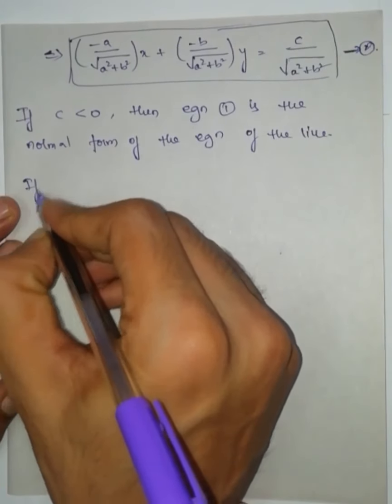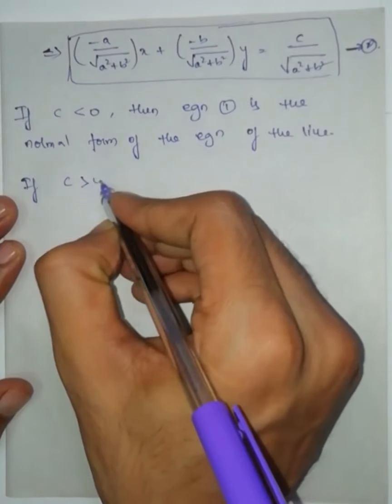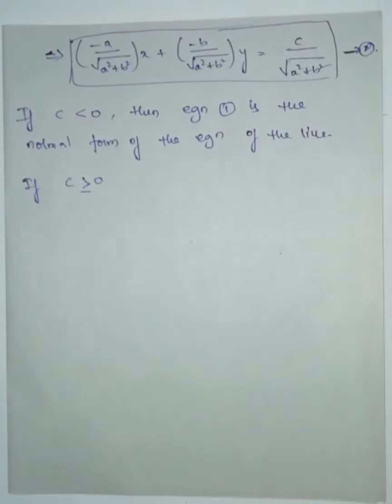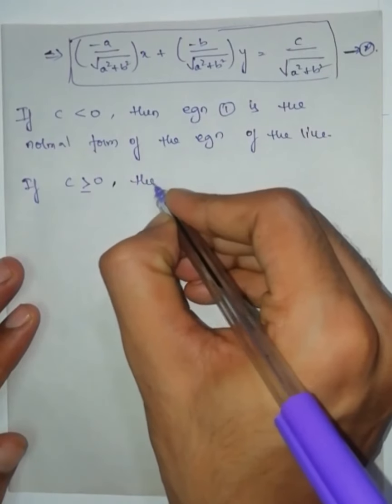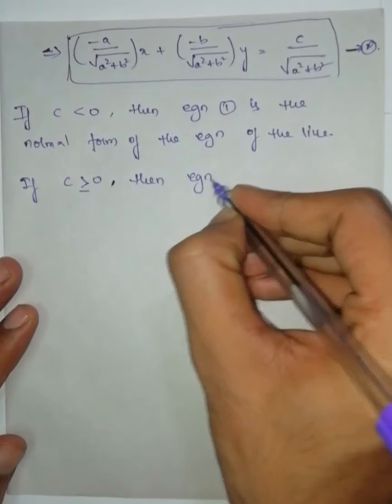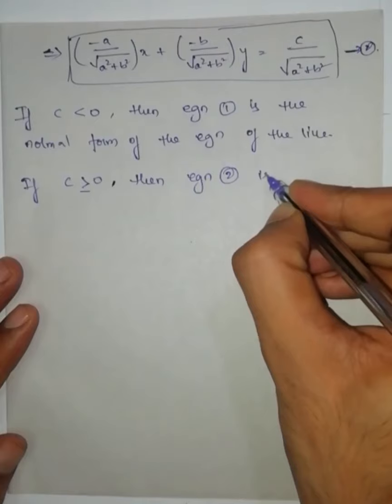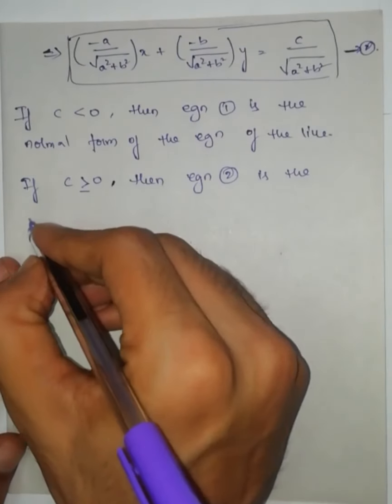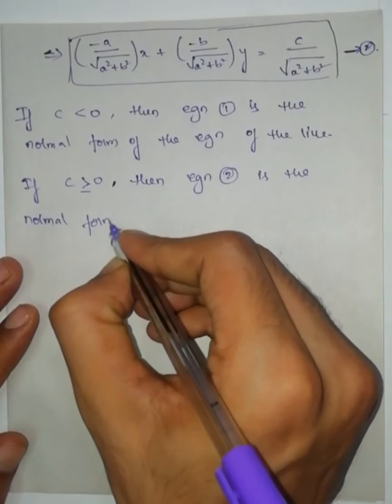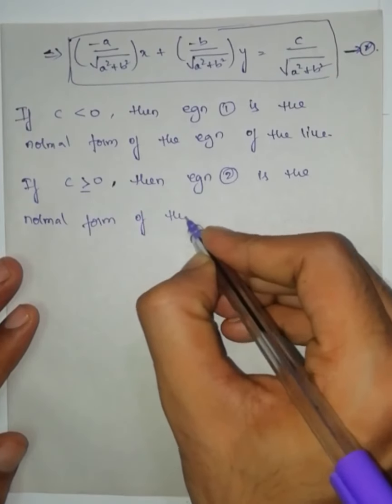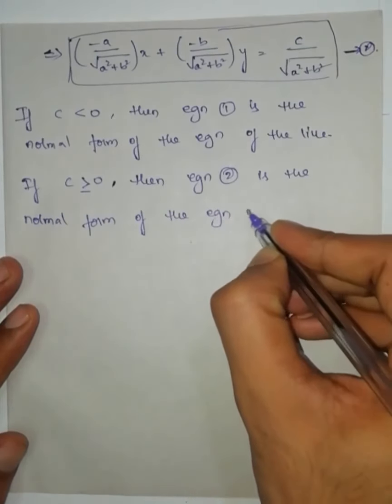If c is greater than or equal to 0, then equation number 2 is the normal form of the equation of the line.